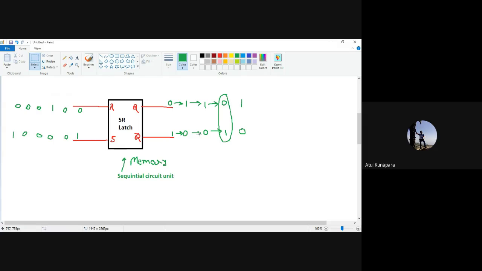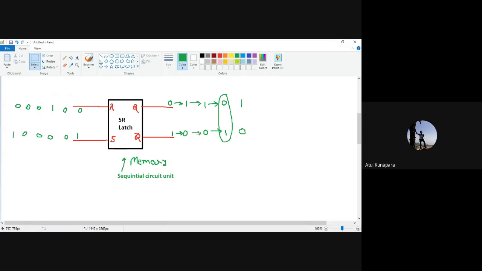And that's why the data which is going to come at the output of this circuit, that is Q and Q bar, will be kept as it is, whether it is 0 or 1, unless you give some change on the input side. And that's why it is known as memory, right? As your data bit which is coming at the output Q is remaining there for a longer period of time, that's why it is called the memory part.